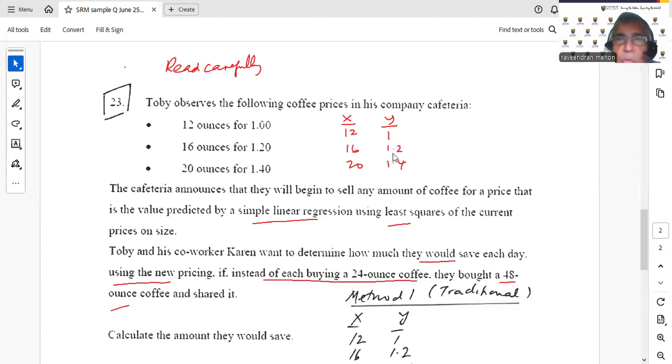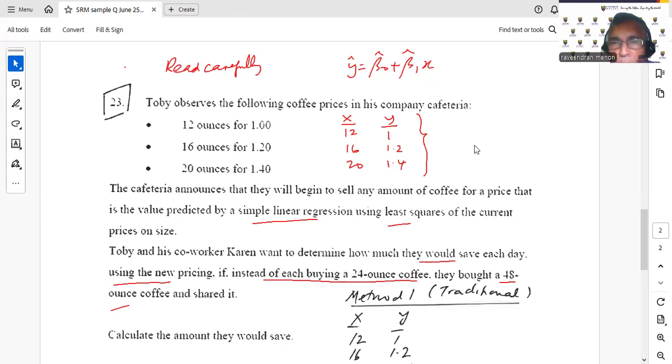With this data in mind, we can work out the regression equation: y hat equals beta naught hat plus beta 1 hat times x.